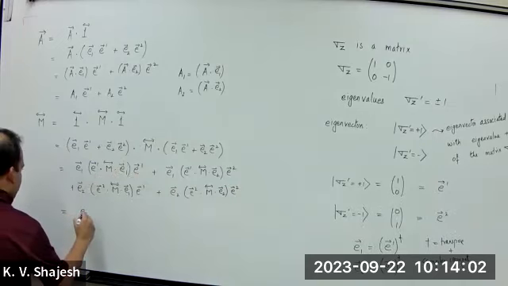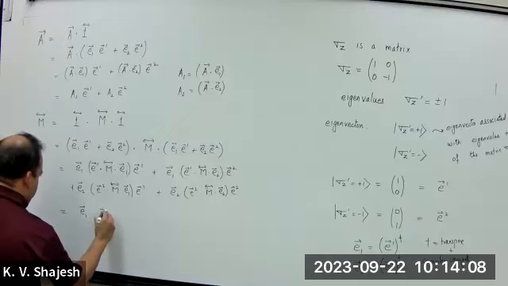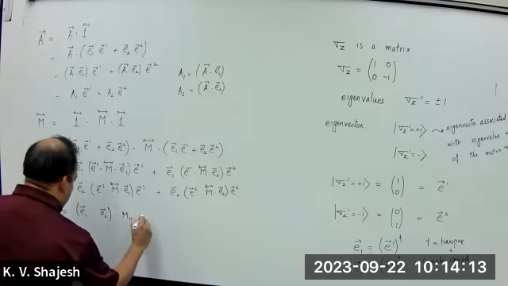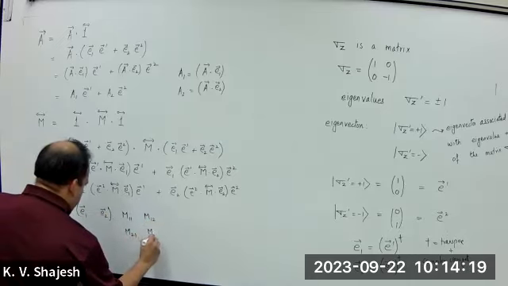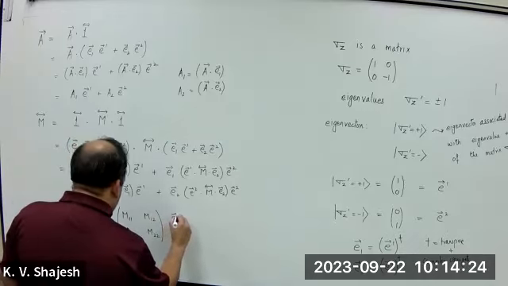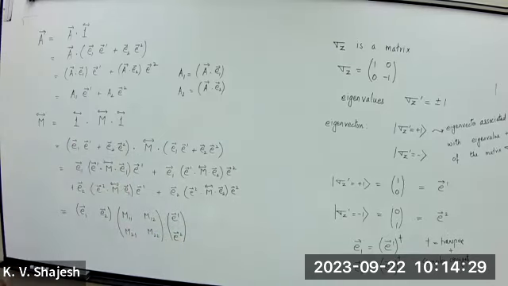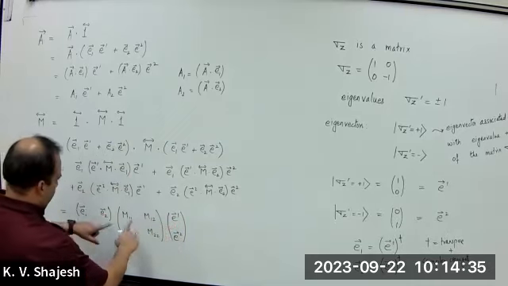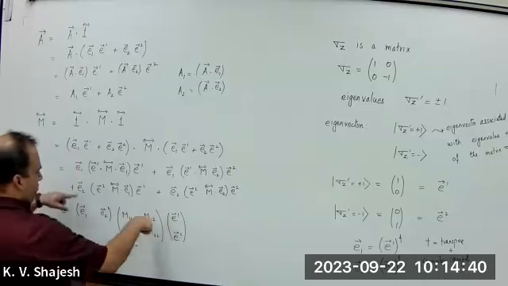Let me write it in the form E1, E2, then I have M11, M12, M21, M22, and 1, 2. Right. So this is M11 times E1, and then multiply with E1, M12 multiply with E2, and multiply with E1. So that's the 4 pieces.